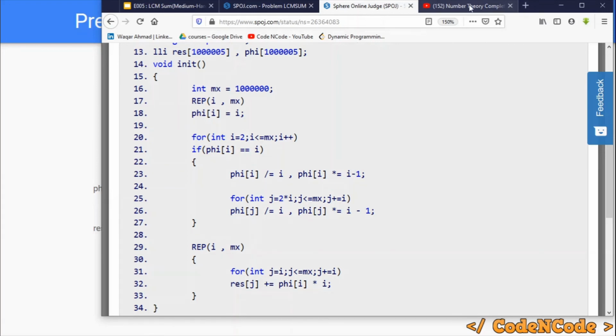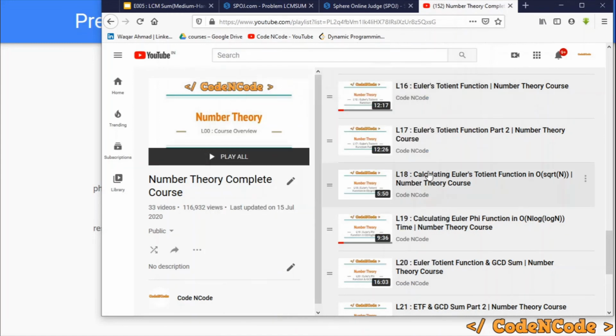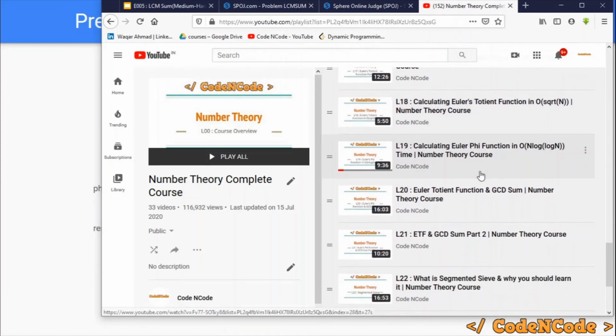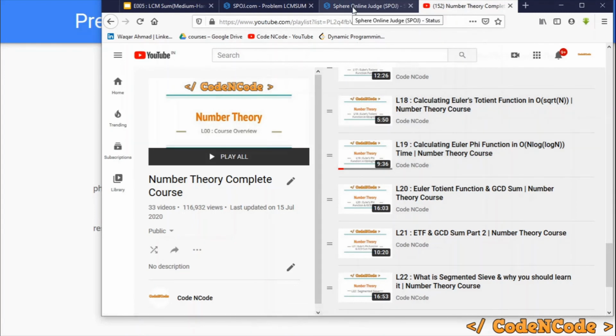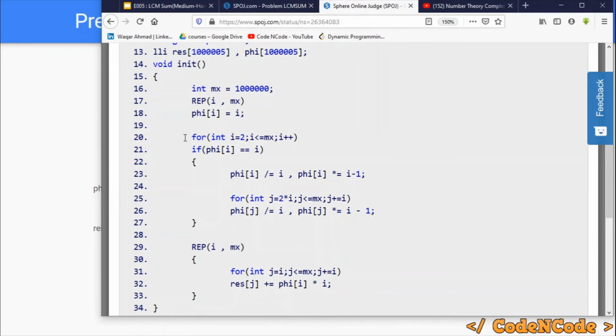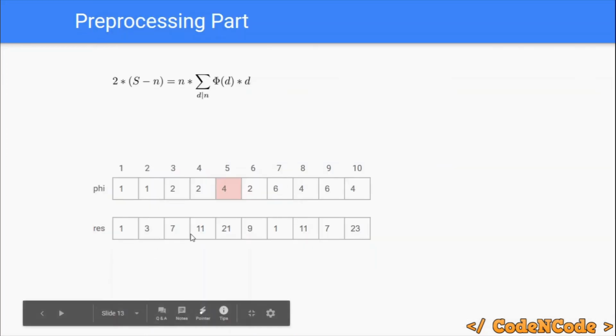I've already explained how to calculate this. I've already explained how you can calculate the phi function from 1 to n in n log n time in lecture 19 of the number theory course. So this is what is happening here, and after that we are running our loop from 1 to mx to pre-process this.